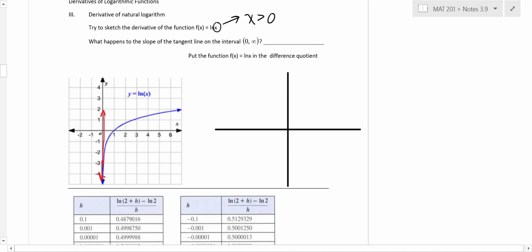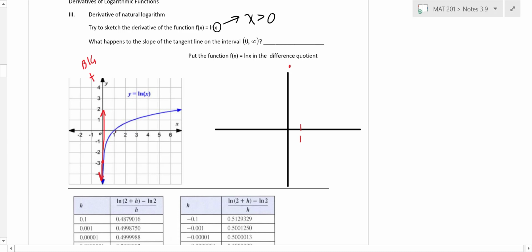First of all, positive or negative? Positive. Is it big or little? That's very steep, so that's very big, right? That means you would have very big positive numbers on your derivative there. Really big numbers.